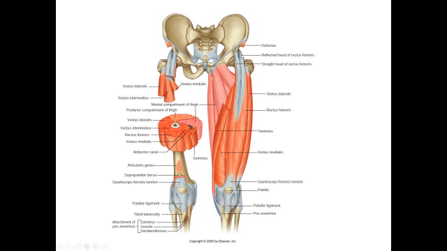The only member of that group that crosses the hip is the rectus femoris, coming off the AIIS, and coming down. All the muscles of the quadriceps blend into a common tendon that encapsulates the patella and then comes down to attach to the patellar tendon. I'm sorry, to this little bone right here, the tibial tuberosity.